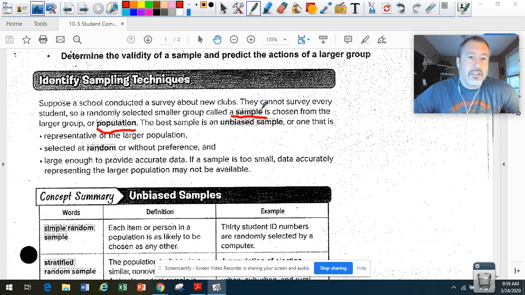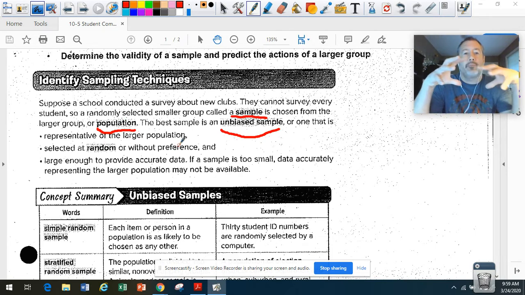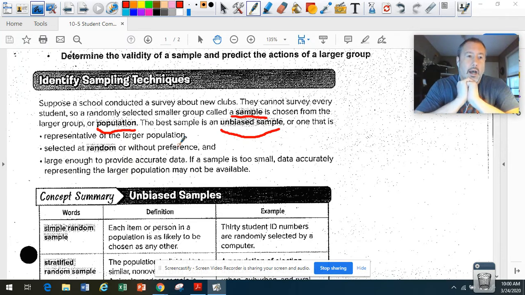Then it says the best sample is an unbiased one. We'll talk about biased and unbiased here. It is one that is representative of the larger population, so it's a good pick. We're trying to pick the ones that make up that population.